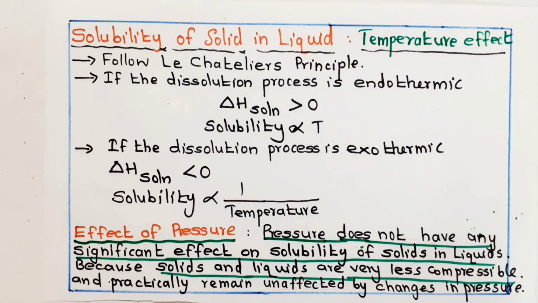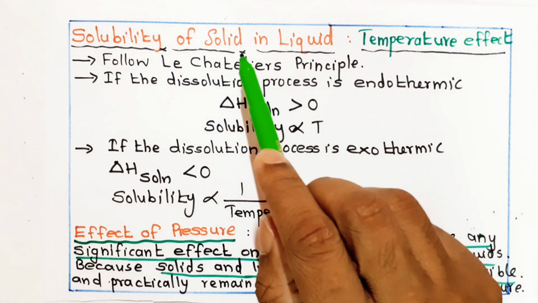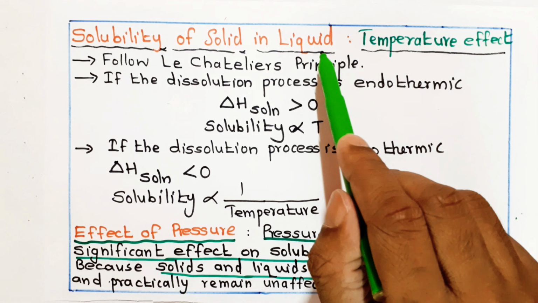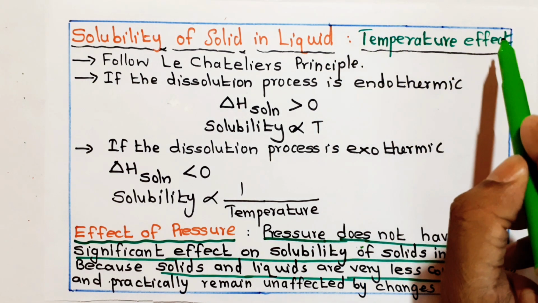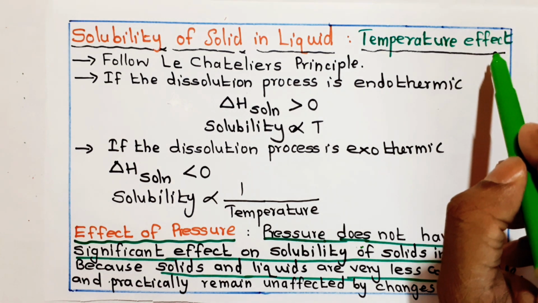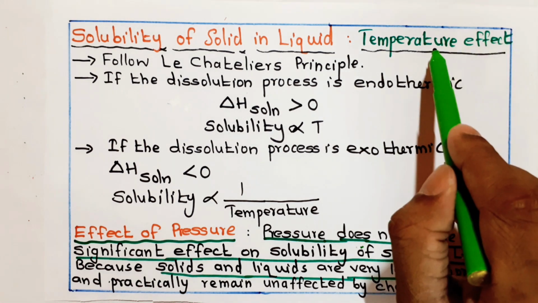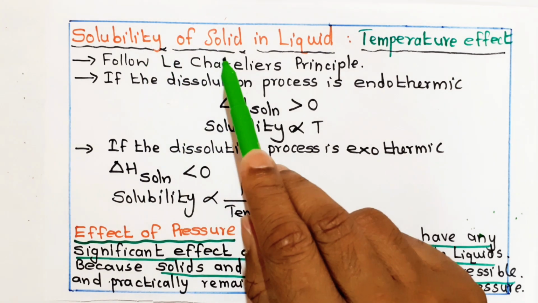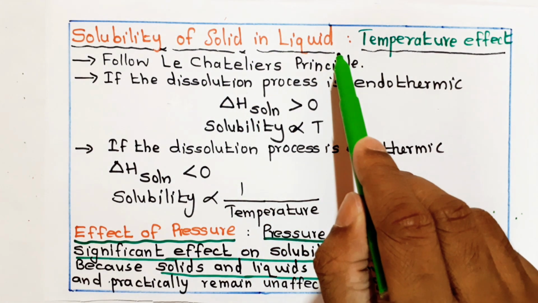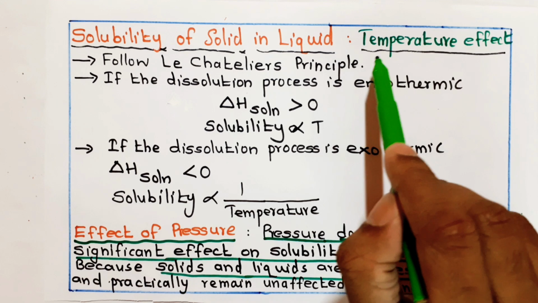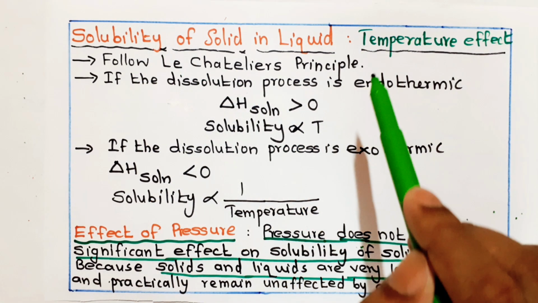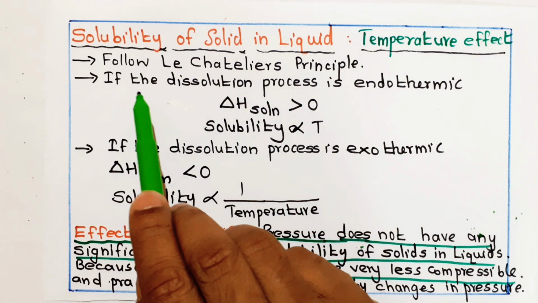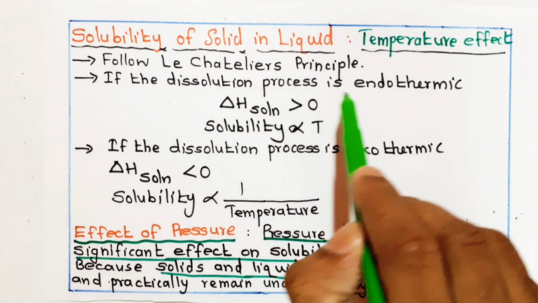Next we will see the last topic, that is solubility of solid in liquid, in terms of the effect of temperature. So the effect of temperature on the solubility of solid in liquid follows Le Chatelier's principle.